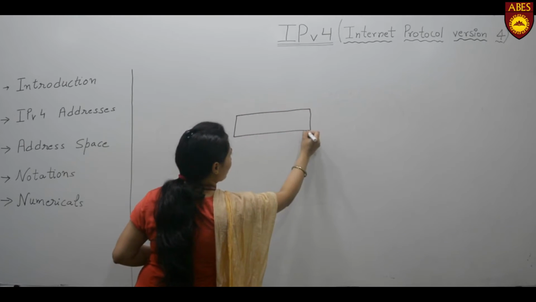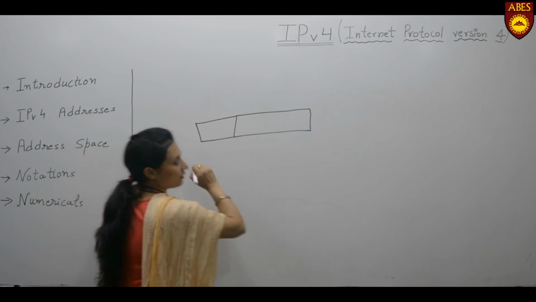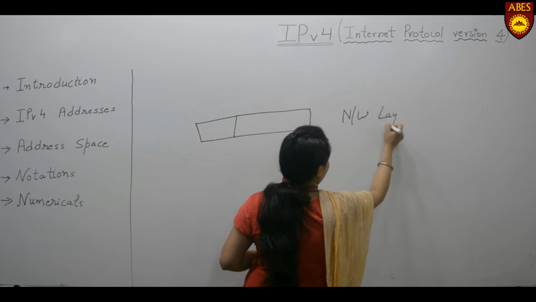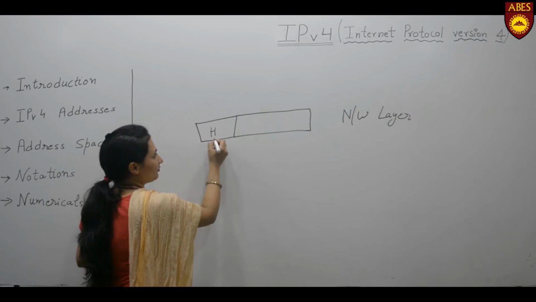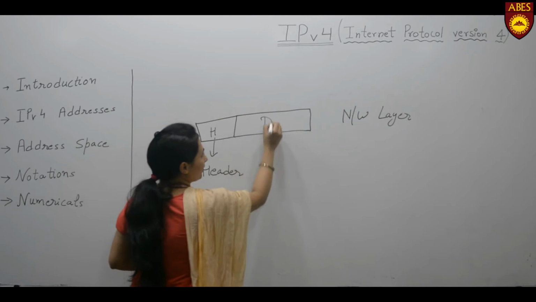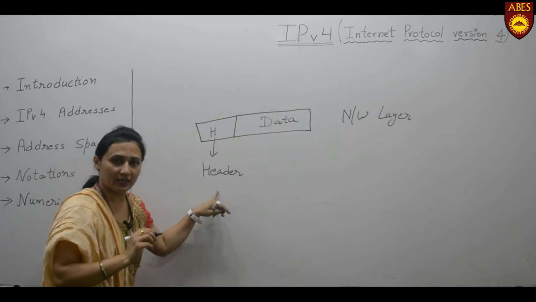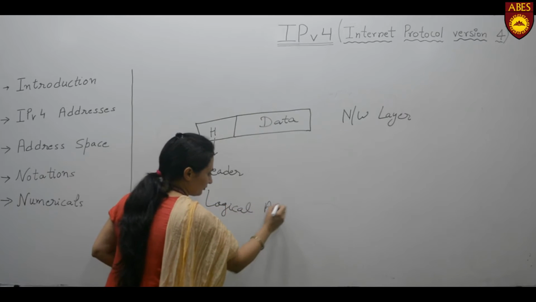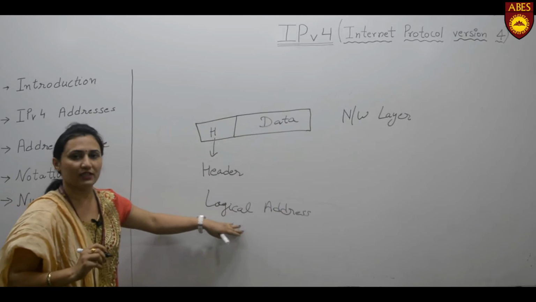In the TCP/IP protocol suite, whatever data is coming from the upper layer, the network layer adds a header part to that particular data, and this header part has the logical address of the source and destination.